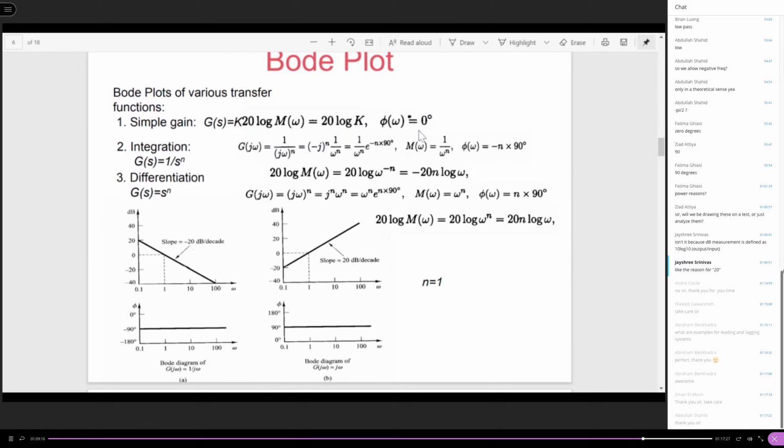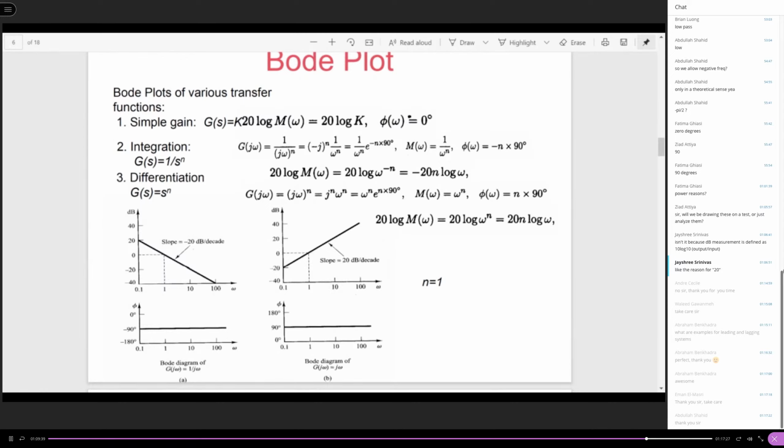So phi of omega is 0 for all frequencies. It doesn't matter which frequency; the phase shift provided by the system is always 0 degrees.